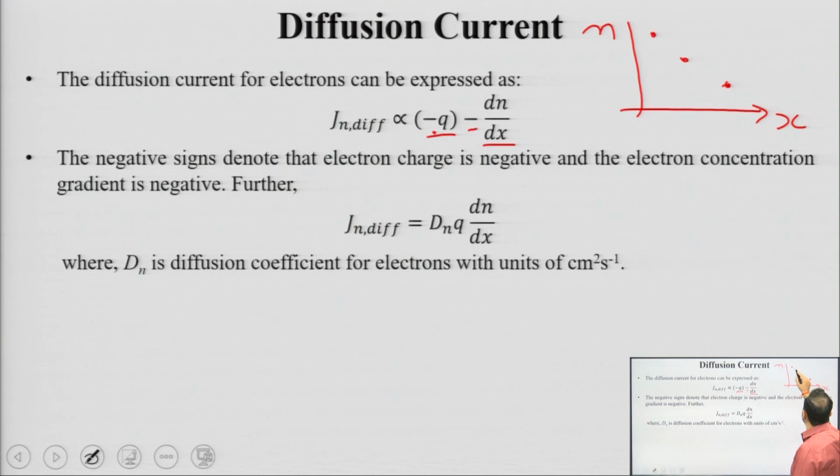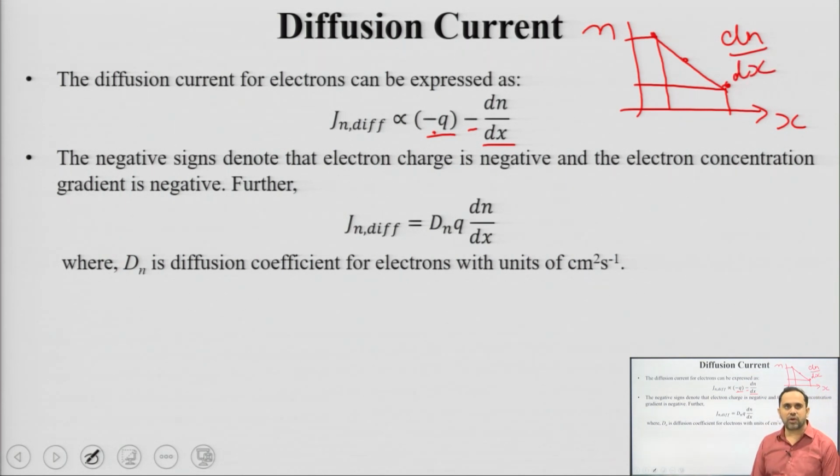If you see this slope of carrier concentration, this slope is negative. This dN by dx is a negative number. Because of this negative concentration gradient, there is another minus sign here. So, your net electron diffusion current is proportional to the product of q as well as dN over dx.